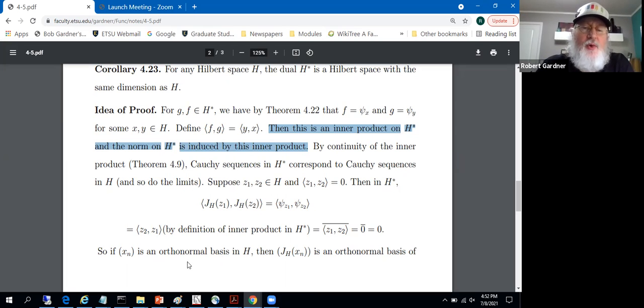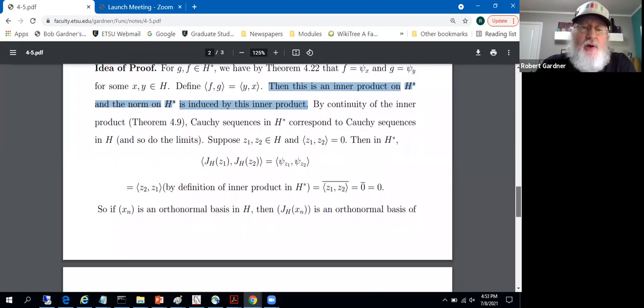So if we have an orthonormal basis for H, then we've got orthogonality preserved, we've got norms preserved. So this X sub n, an orthonormal basis of H, can be used with a mapping J sub H to produce an orthonormal basis of the dual space H star.